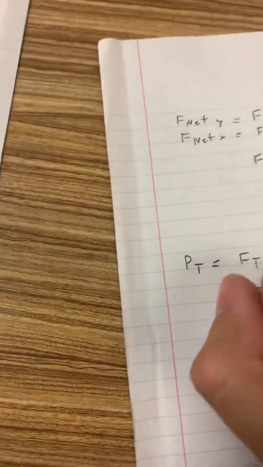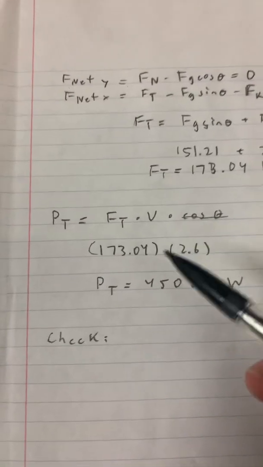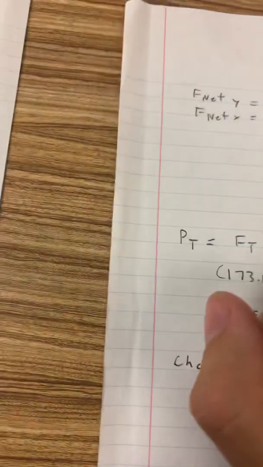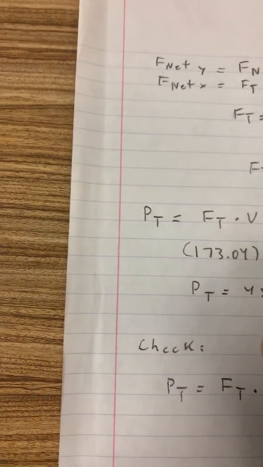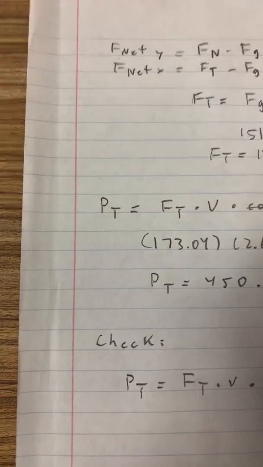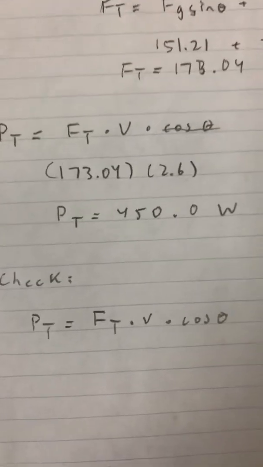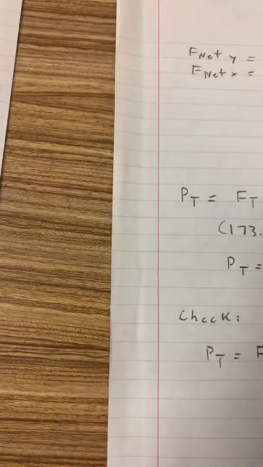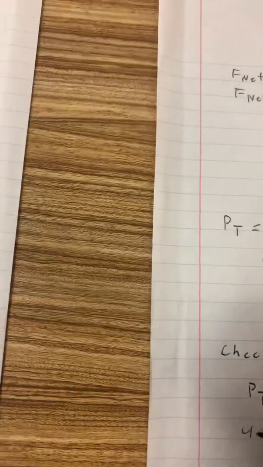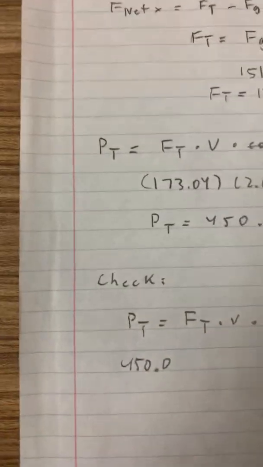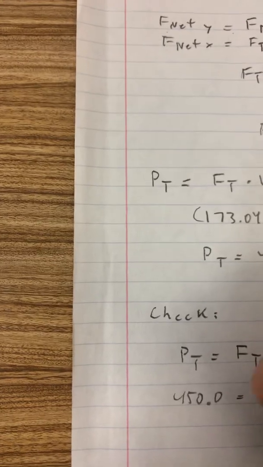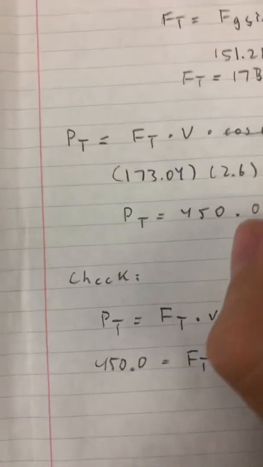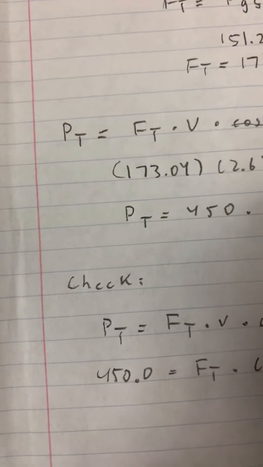Okay, so how can we check this? For our check, we will just plug the power into the equation we just used: P is equal to Ft times v times cosine of theta, but let's disregard the cosine of theta here. We plug in 450.0 for power, which is equal to Ft, which we'll try to find and see if it works, times 2.6.